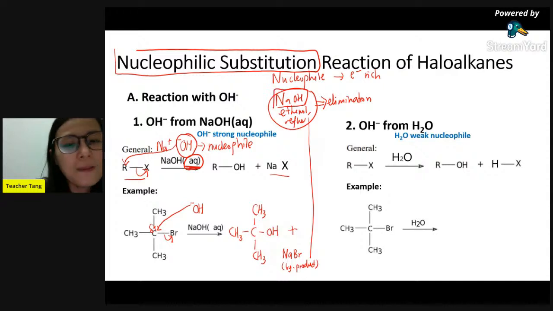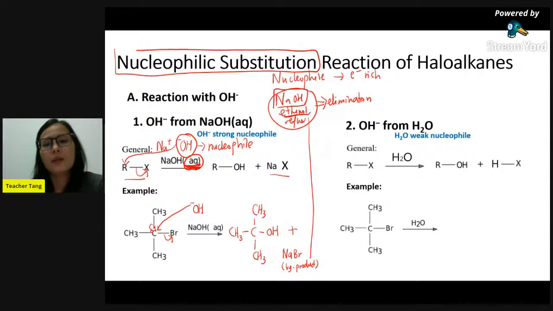So the base can be sodium hydroxide, but the solvent will be ethanol. So in order for nucleophilic substitution to occur when we use sodium hydroxide, it needs to be aqueous. That means the solvent must be water.